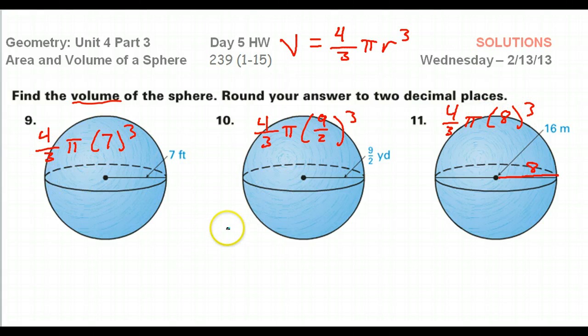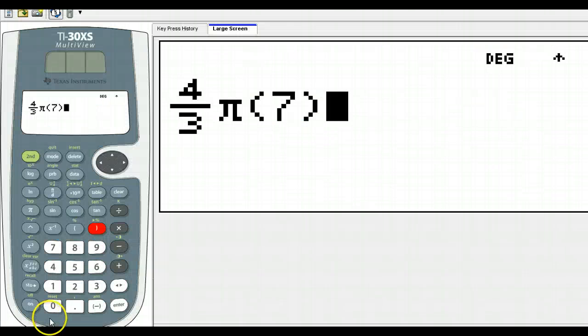All right, so it's just a matter of putting all these in the calculator. So far, we haven't dealt with exponents other than 2 very often. We hit this x squared button a lot. So let me just make sure everyone remembers. If I want to do the third power or fourth power or any other kind of power, I will use this button right here. It's called a caret for some reason.